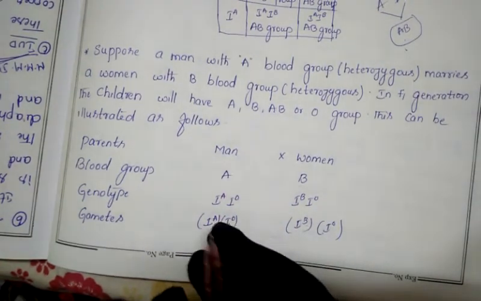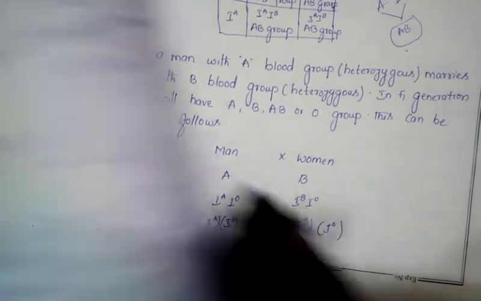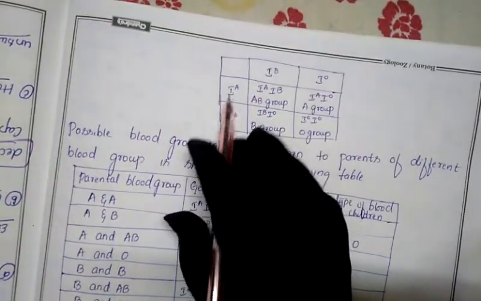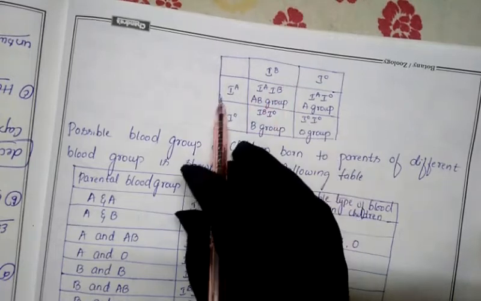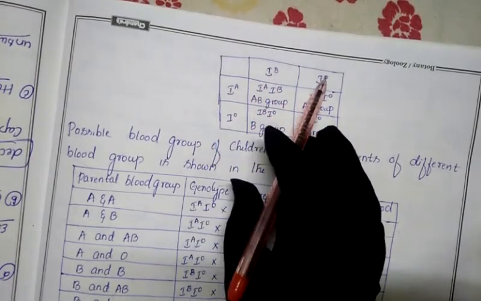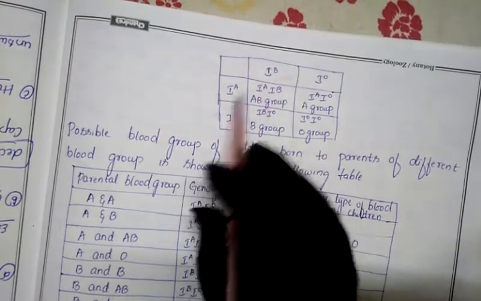Now let us put them in a checkerboard. As I said before, wherever you want you can put these alleles into the checkerboard. Either you put IA, IO here and IB, IO here, wherever you want you can exchange.